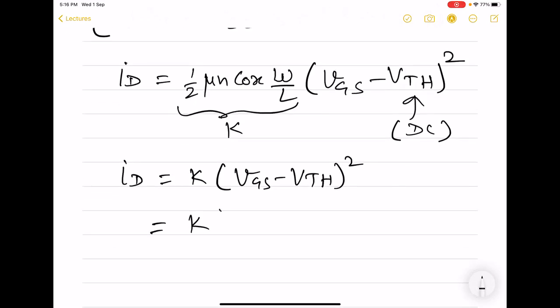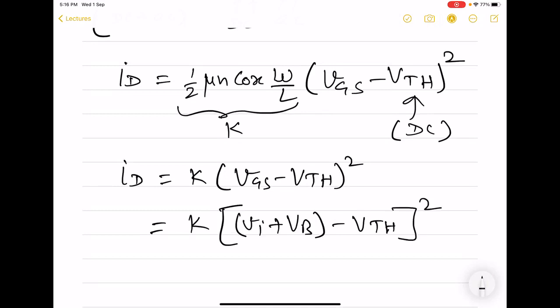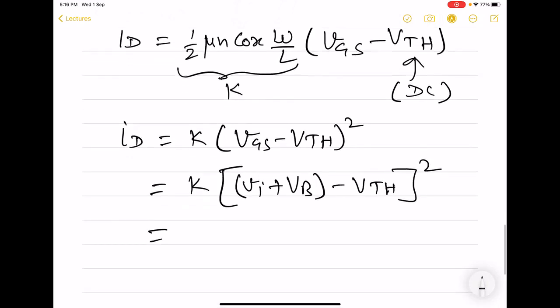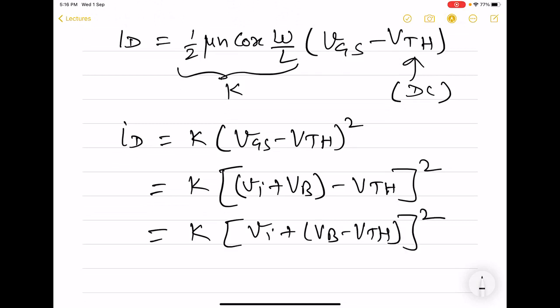So this now becomes VGS, which we have already seen is AC plus DC minus VTH. So this becomes (VI plus VB minus VTH) whole square.